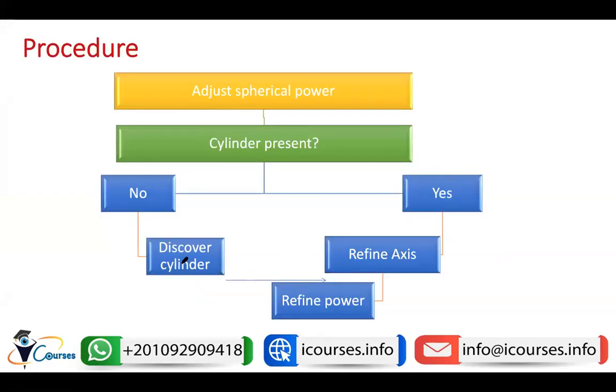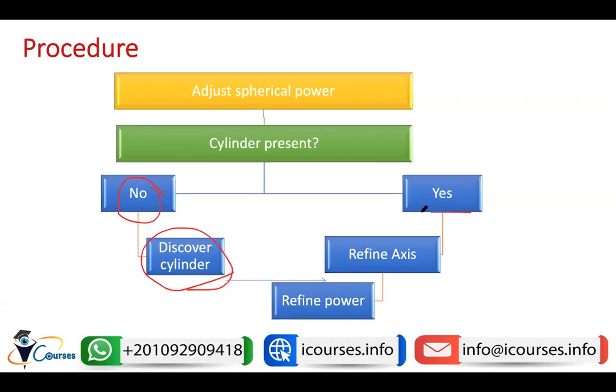So let me tell you how to detect if there is a cylindrical correction or not. Actually, as I told you, this is from my clinical course. After we do retinoscopy of the patient and detect the spherical power, we need to know if the patient has a cylindrical power or not. If the patient has no cylindrical power, we have to discover the cylinder.